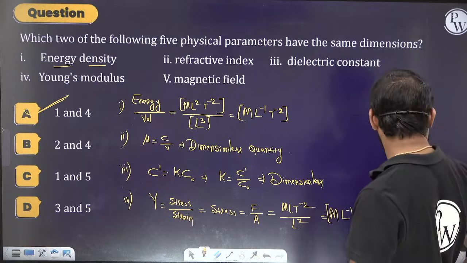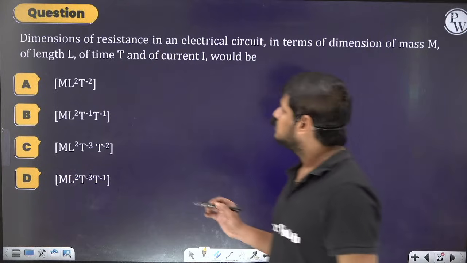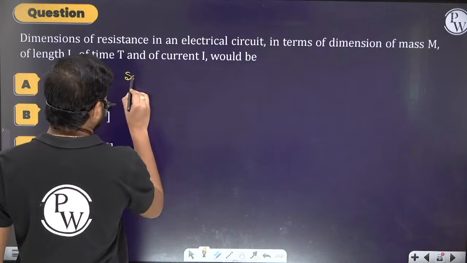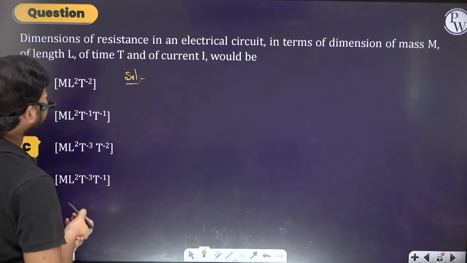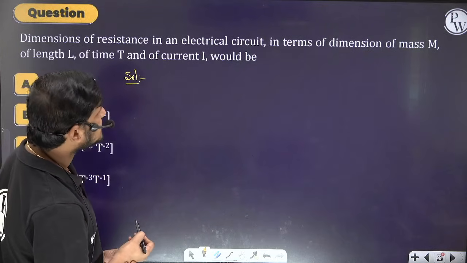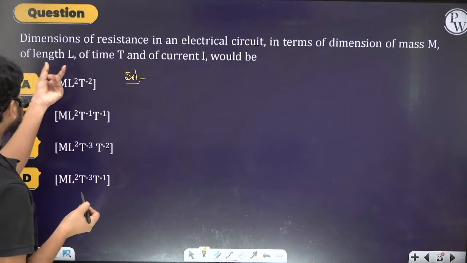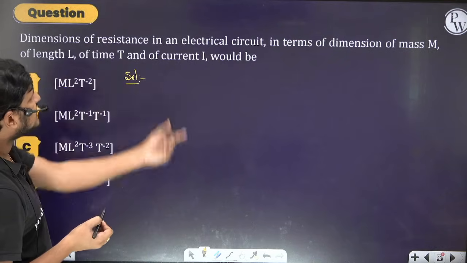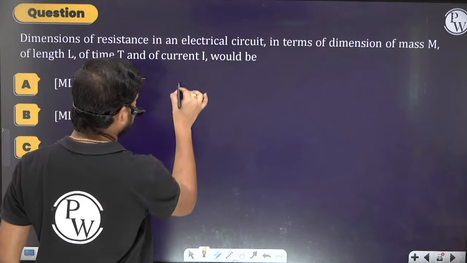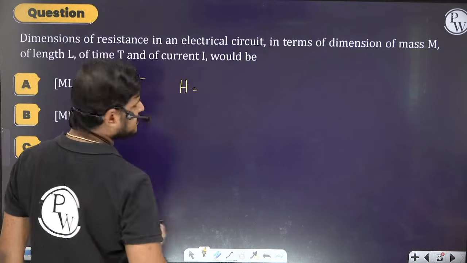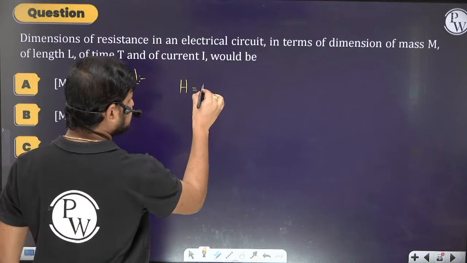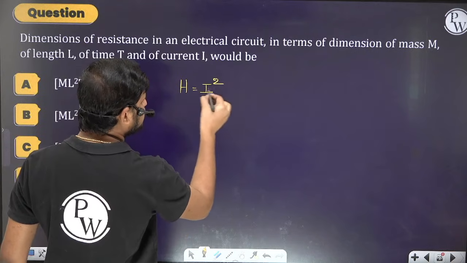Let's move further. The next question: the dimensions of resistance in an electric circuit in terms of dimensions of mass M, length L, time T and current I would be. The easiest way to derive the resistance dimensions is to use Joule's law of heating.